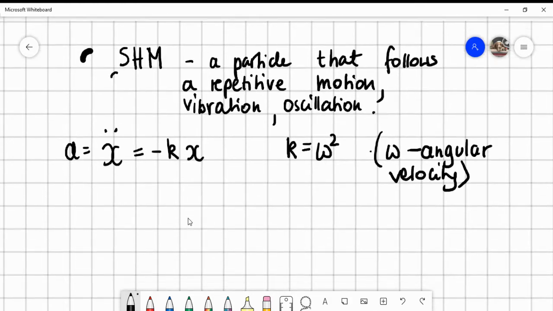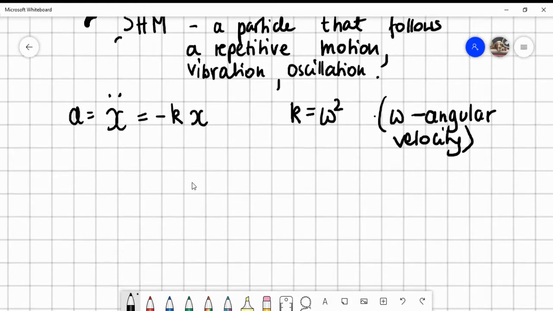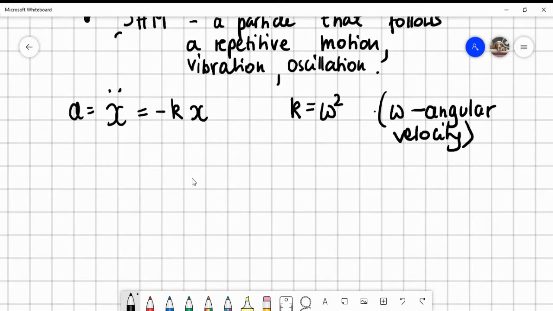Now let me talk to you about what the graph of the displacement against time might look like. If a particle follows a simple harmonic motion, then it will follow a transformed sine graph.